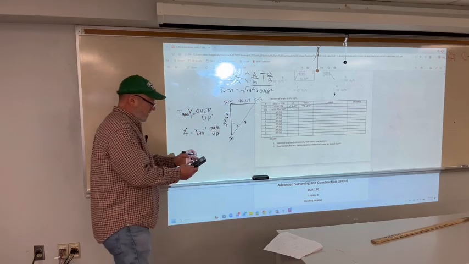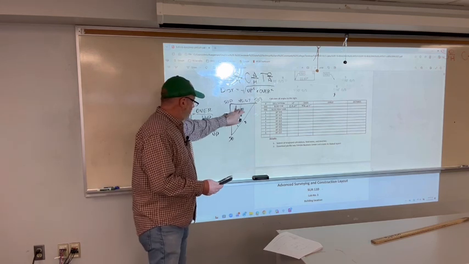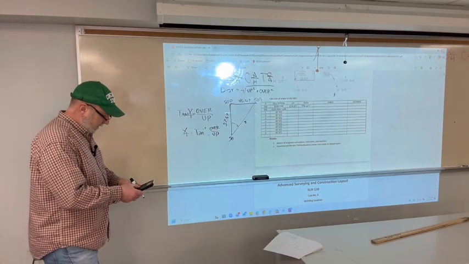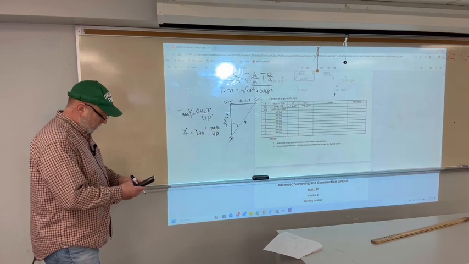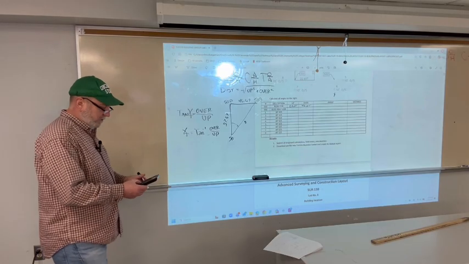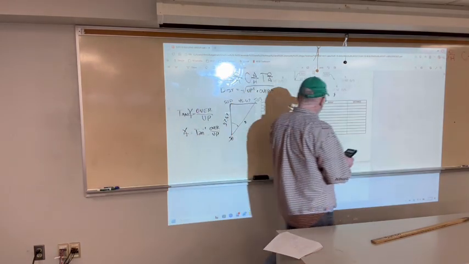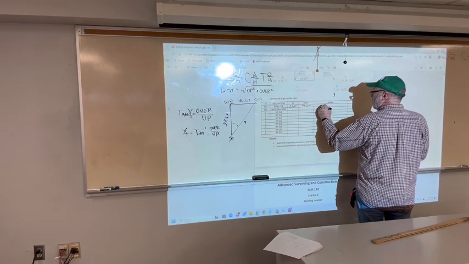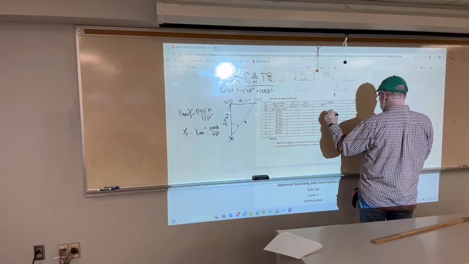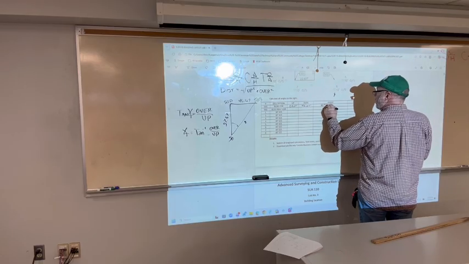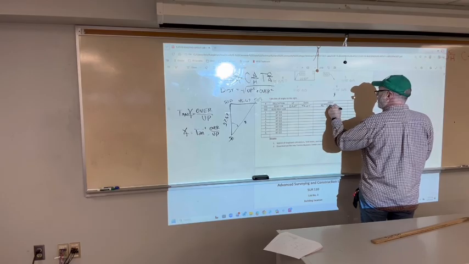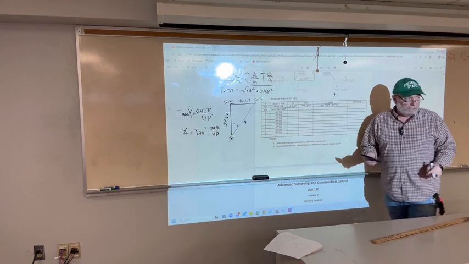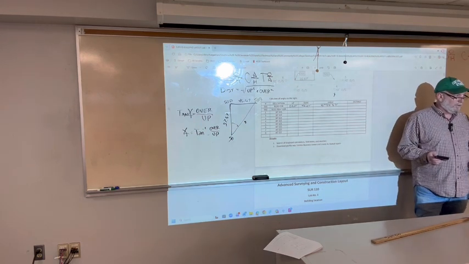So once I have that, 46.67 divided by 52.67, I come up with that. I take the inverse tangent. I'm going to convert that to degrees, minutes, seconds. And I come up with an angle of 41 degrees, 32 minutes, 37 seconds. Can anybody confirm or deny that, or if we've gotten that far?